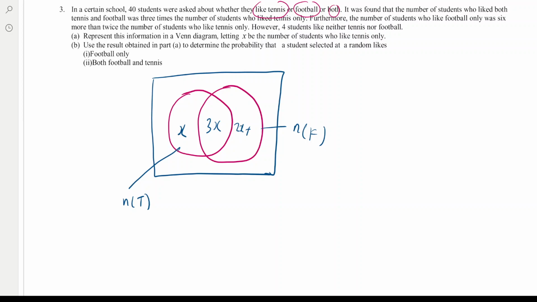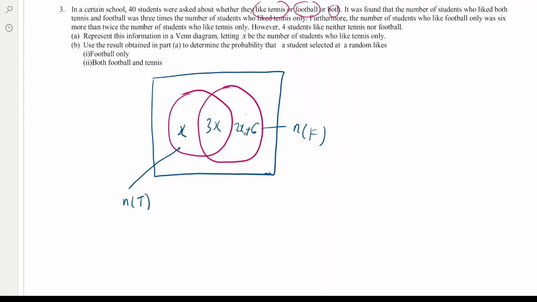So 2x plus 6, dear students. However, 4 students like neither tennis nor football, so we have 4 here. Okay, now this is the solution for 3a.